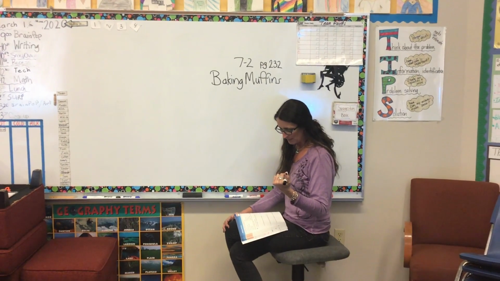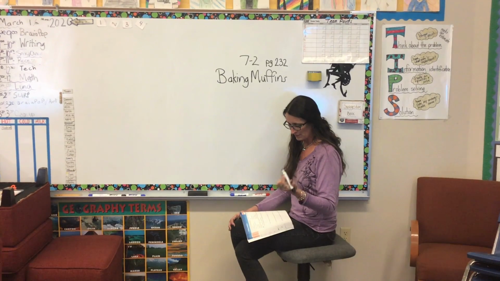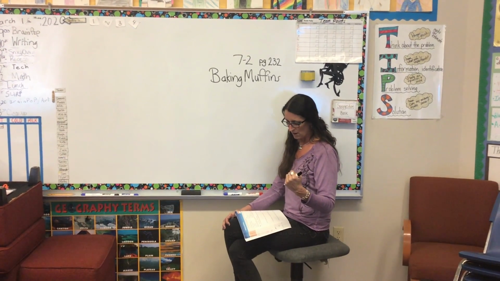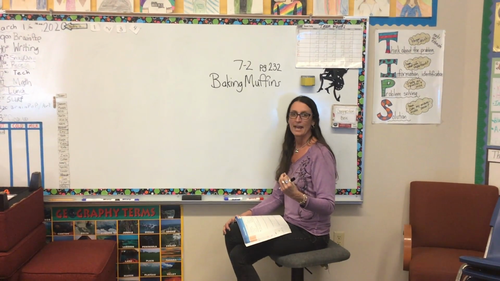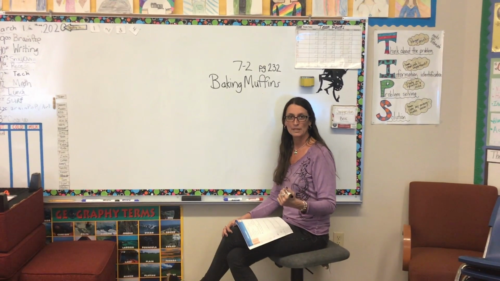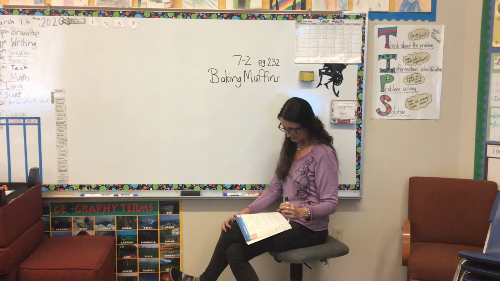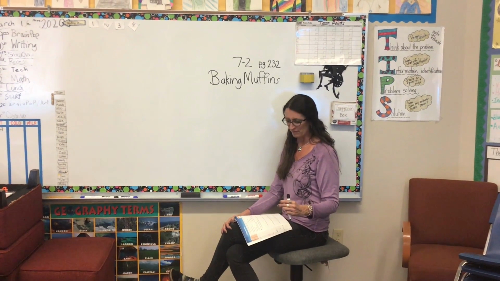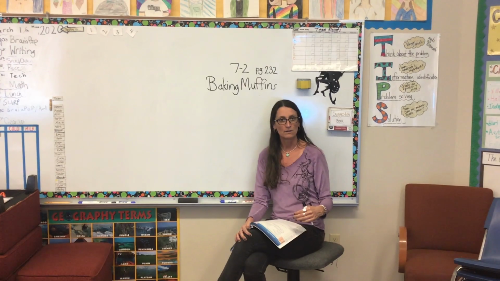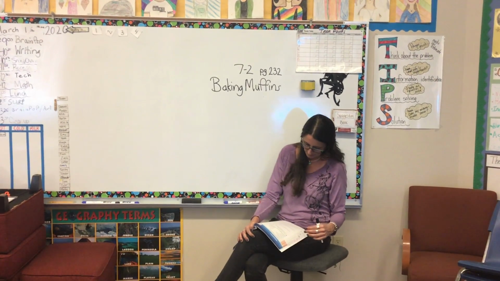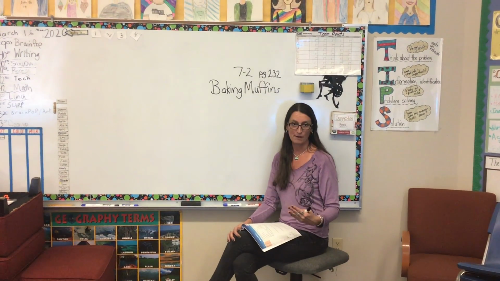If you look in the lesson, it says Suma and her sister are baking some blueberry muffins, and if they wanted to do 3 recipes, if they want to triple the recipe, I'm looking at 1A, it says how many teaspoons of baking powder would they need? The recipe says they need 2 teaspoons of baking powder.